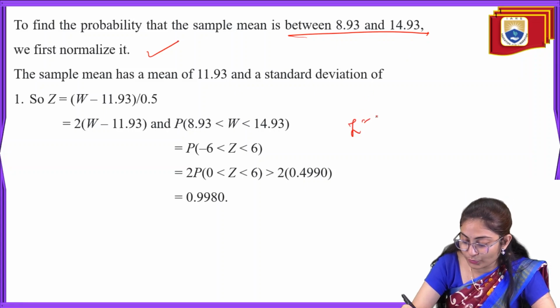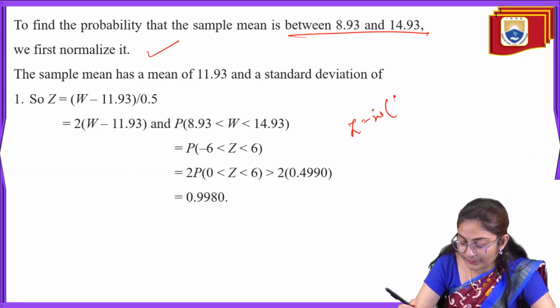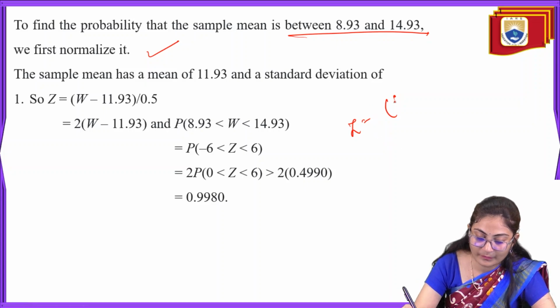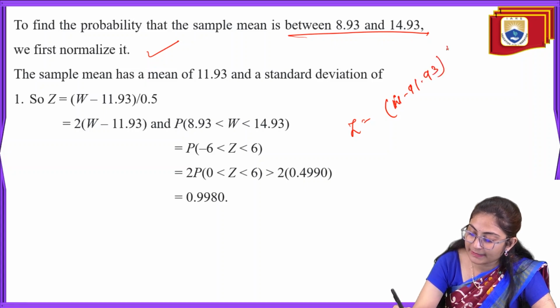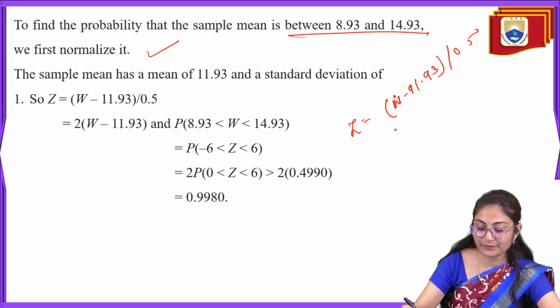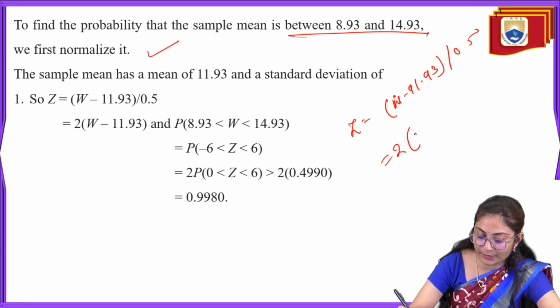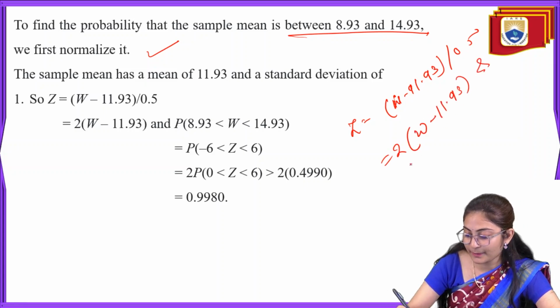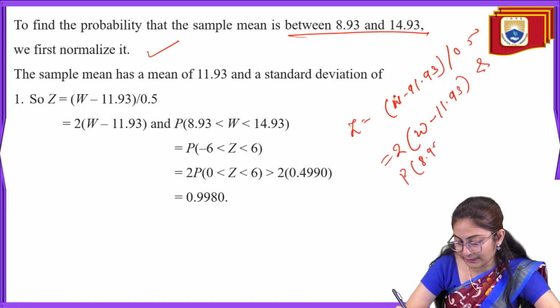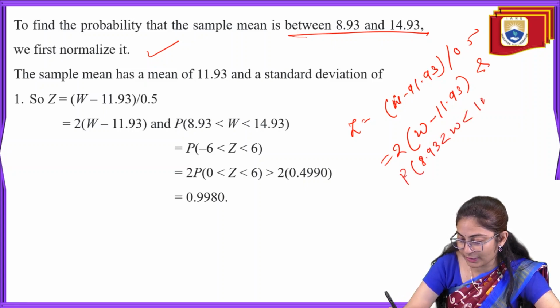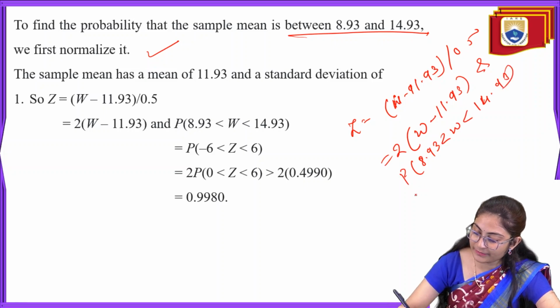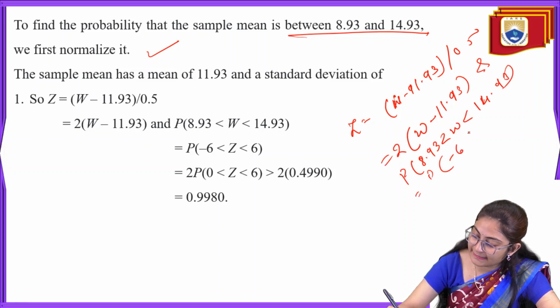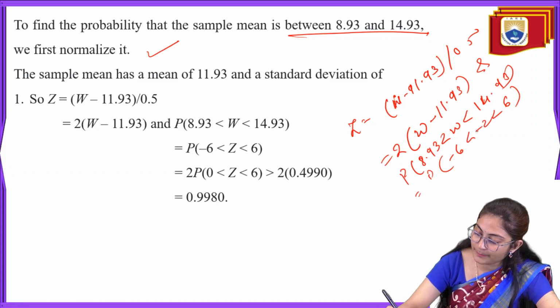Then Z is equal to W minus 11.93 divided by 0.5. Now you got the answer, 2 into W minus 11.93, and P of 8.93 less than W less than 14.93 is equal to P of minus 6 less than Z less than 6.